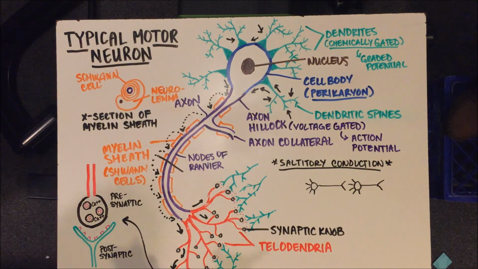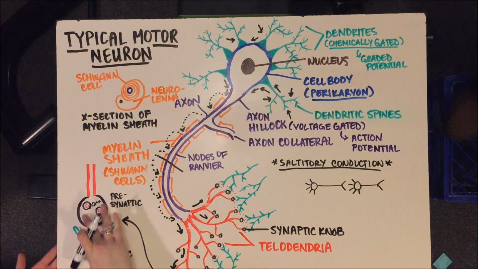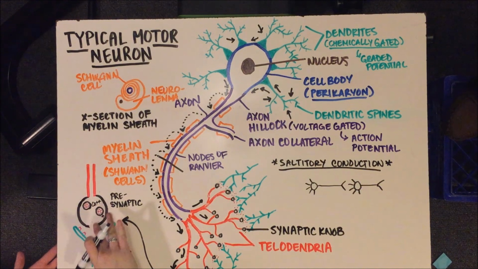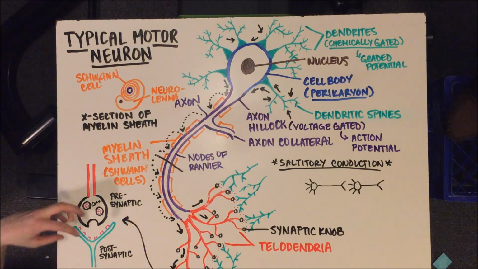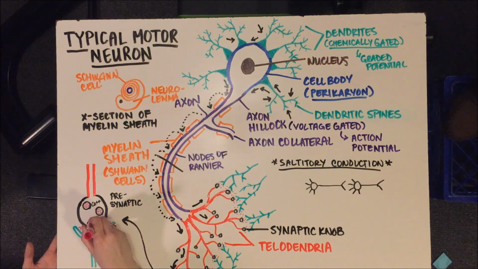So the calcium is going to change the vesicles in such a way that it moves to the edge of the synaptic knob and fuses its membrane with the membrane of the knob. As you can see, that kind of opens up the vesicle, and it allows the neurotransmitters that were held within it to flow out into the synapse.